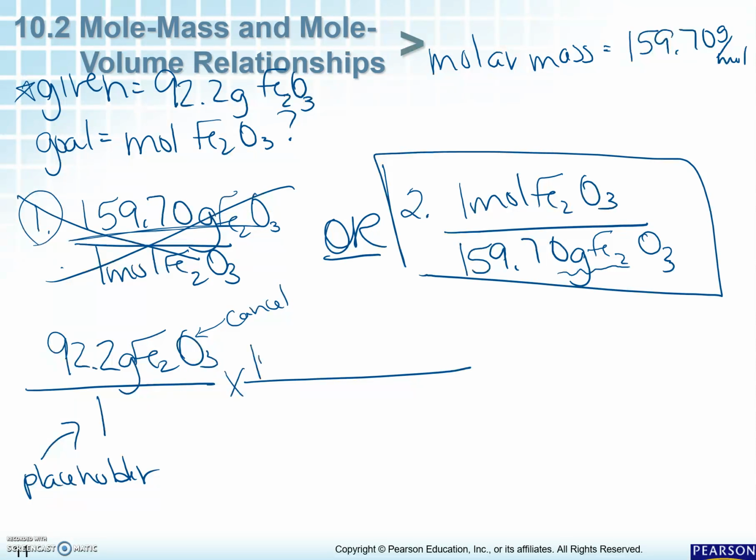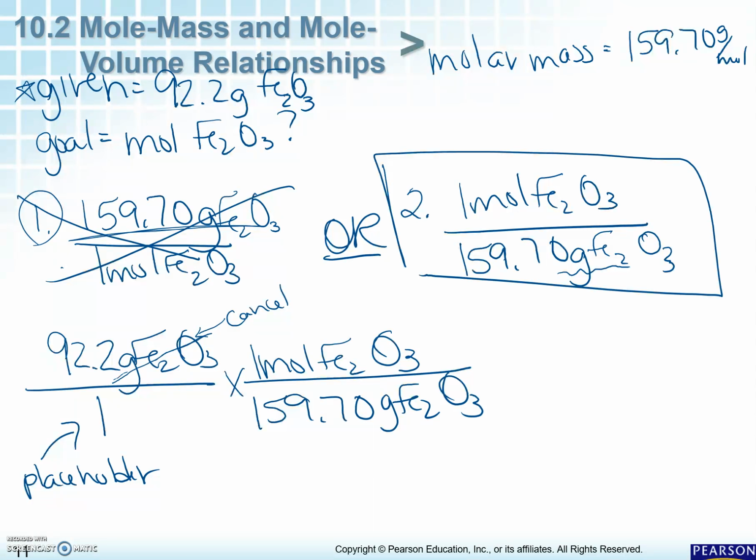So I'm going to copy it exactly like how we've already written it and figured out. And you can see now that grams is on the top. It's going to cancel out the grams that is on the bottom. And we're going to be left with the same unit that we are looking for in our goal.